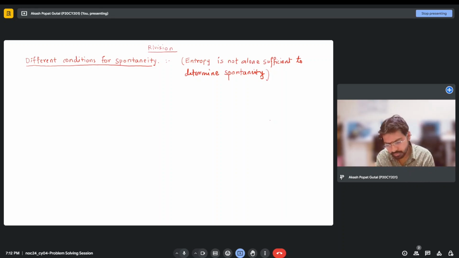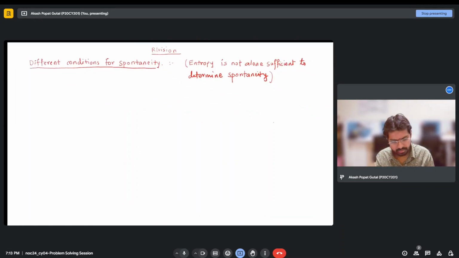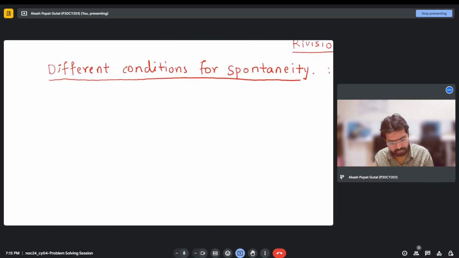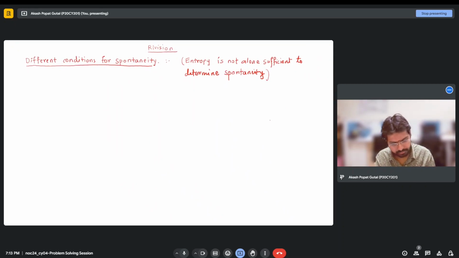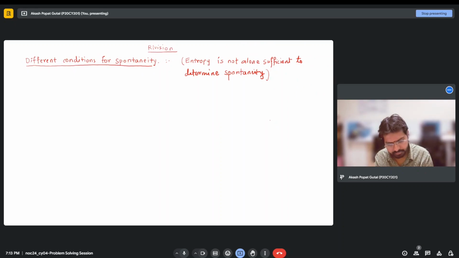The first one, as we know, is related to entropy.